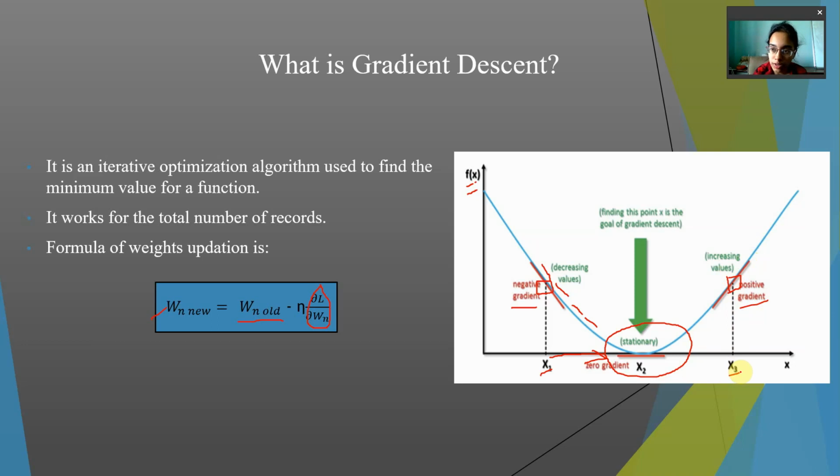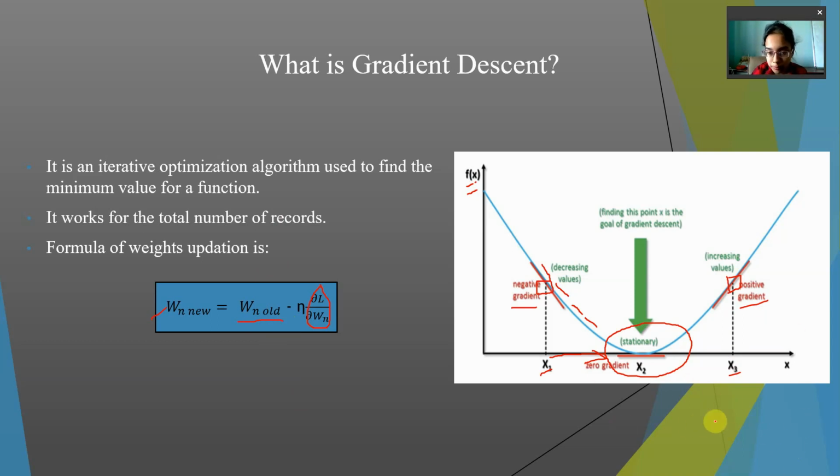Okay, so again in this equation, if we consider Wn old minus eta, that is the learning rate, into some positive value, a negative into positive will be a negative term. So we are basically subtracting some value from our old weight.